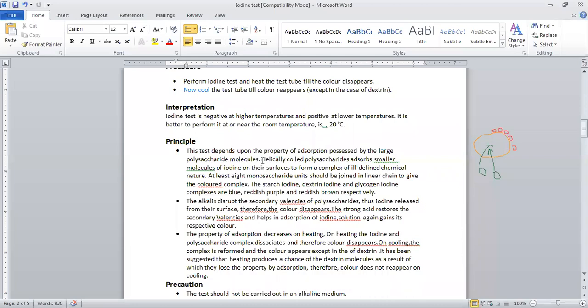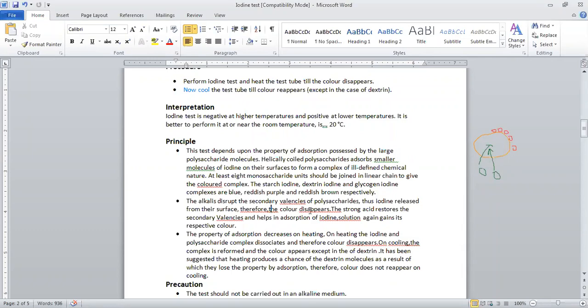We have added 1 drop of HCl to the sample to maintain slightly acidic conditions in the reaction medium. Iodine molecules can only adsorb onto the polysaccharides in slightly acidic conditions, at low pH. But when we change the acidic condition of the medium, the iodine molecule would detach from the polysaccharides.